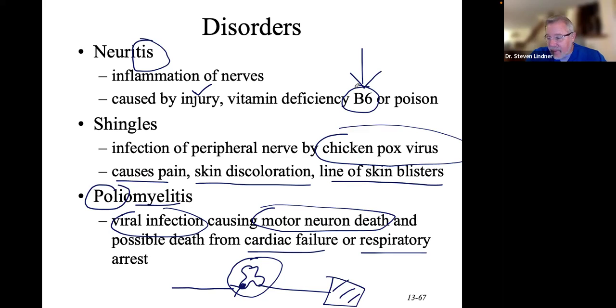And for the most part, it's true, but too much of something or too little of something can certainly create problems. B vitamins, if you take too much B6, can create the same symptom of too little B6, which is a radiculopathy and then like a carpal tunnel. And neuritis can also be caused by certain types of poisons, chemical stressors.